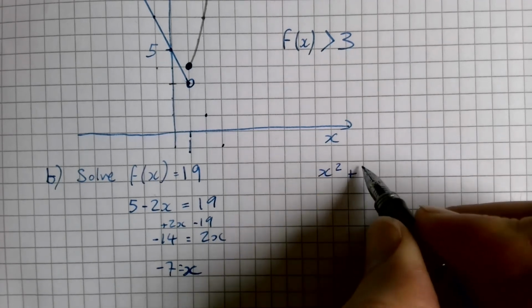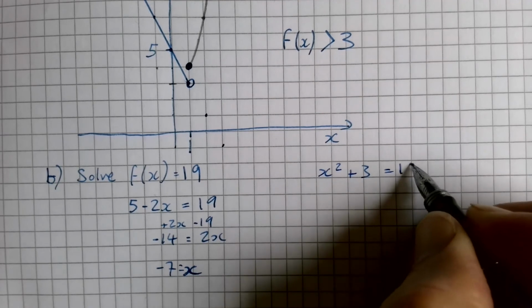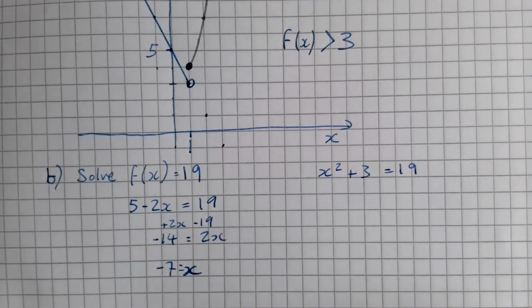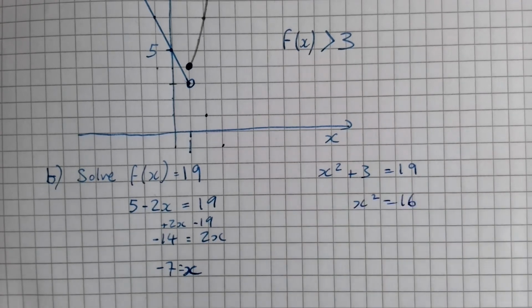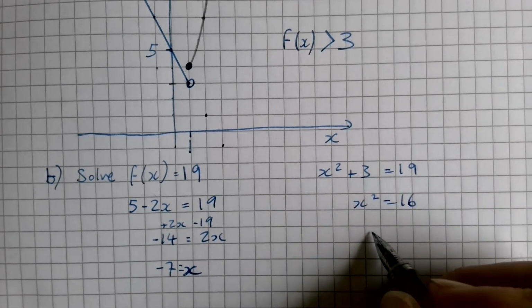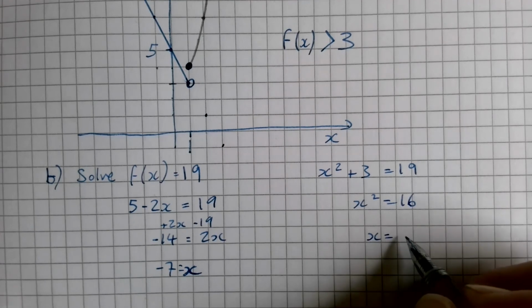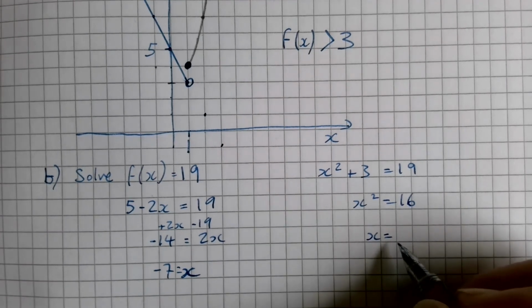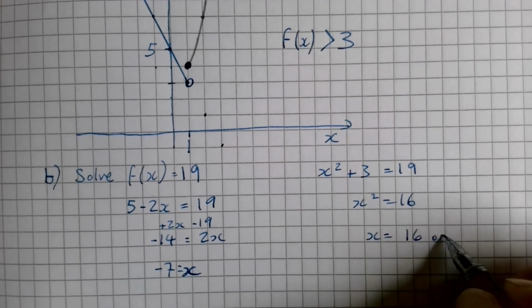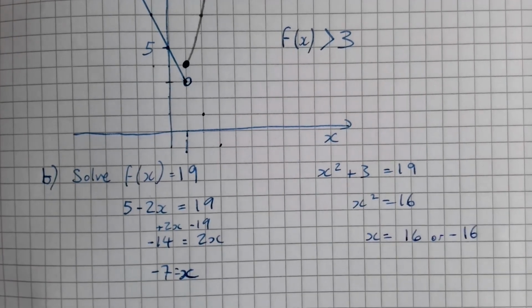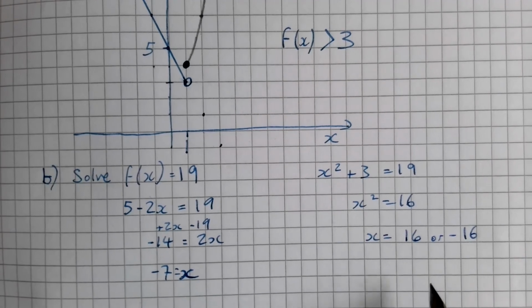Okay, so x could be negative 7, but also what happens if I've got my x squared plus 3 equaling 19? Well, I could take 3 from both sides, leaving me with a very nice x squared equals 16. I say nice because it's a square number. So x could be, now normally we would say plus or minus 16. I'm going to write down 16 or negative 16 for a good reason, and then think about it.